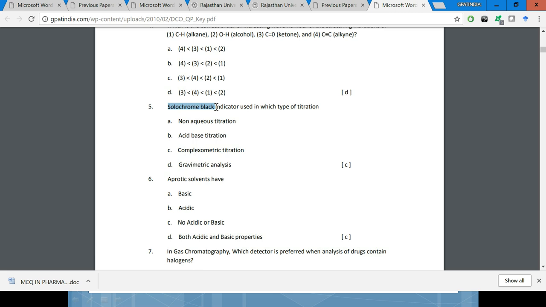So I would say it is a complexometric titration, and it is also used with application of masking agent. That is the correct answer, and it is the correct replacement of eriochrome black.